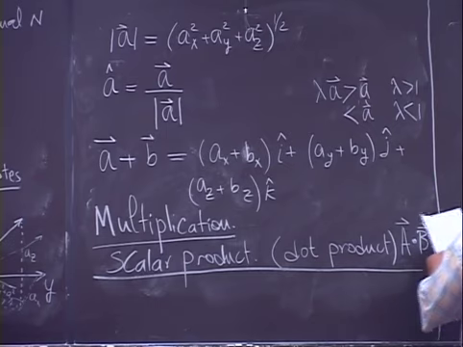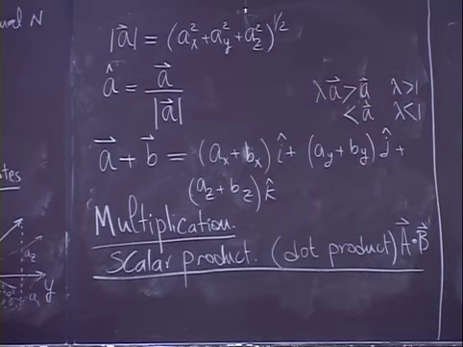It's nothing more than this: if you have a vector A, and then you have another vector B, and in between them there is an angle theta.